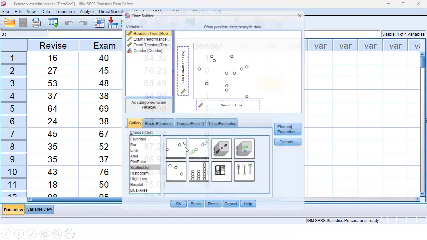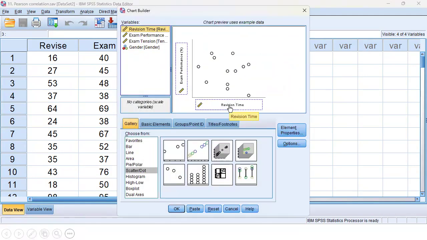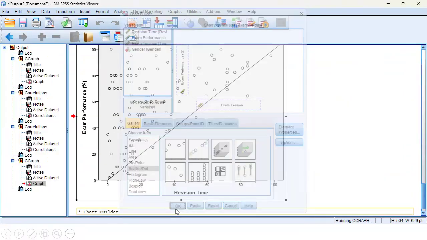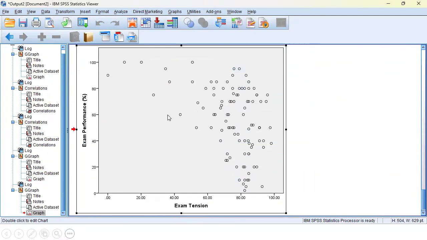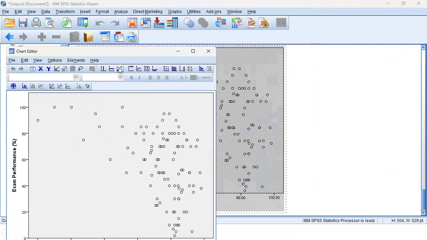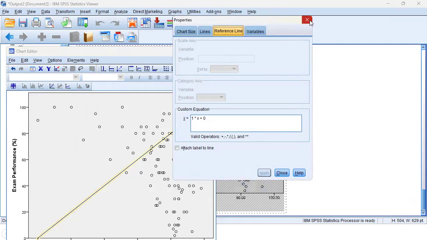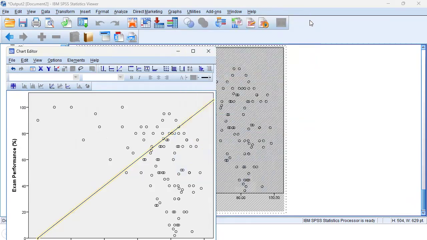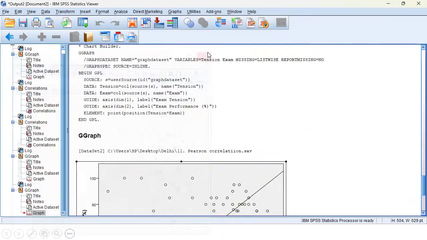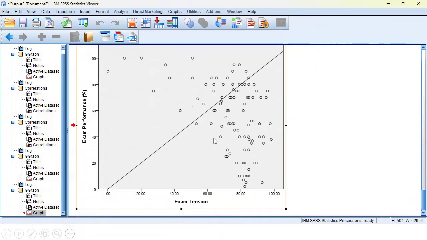So here I'm taking exam tension and dragging and dropping here, and then OK, and after OK you can double click and then add reference line from this equation. So exam performance and exam tension.